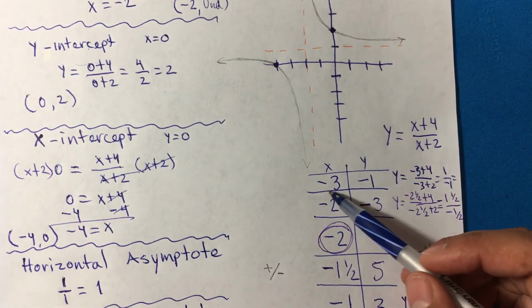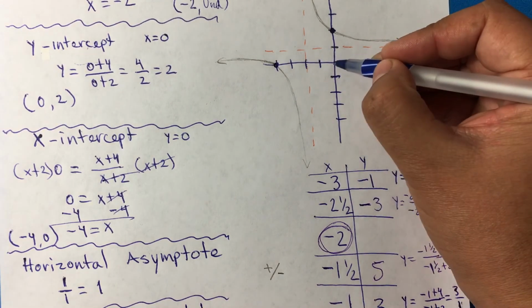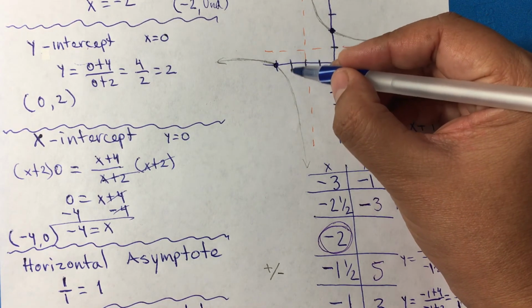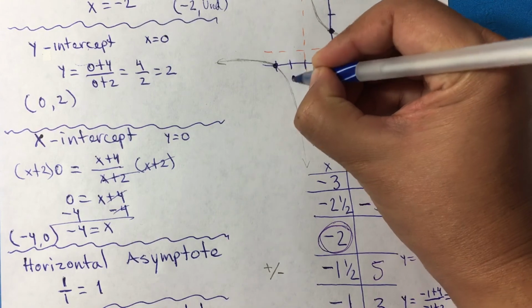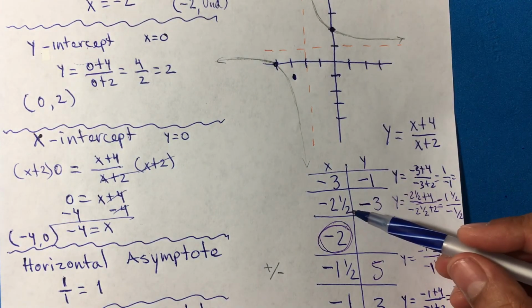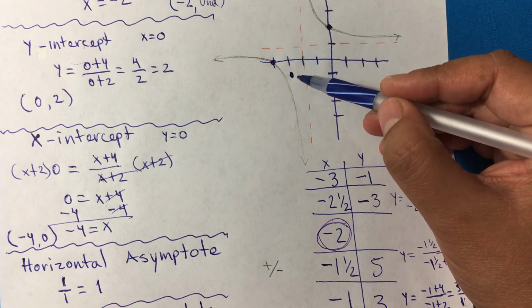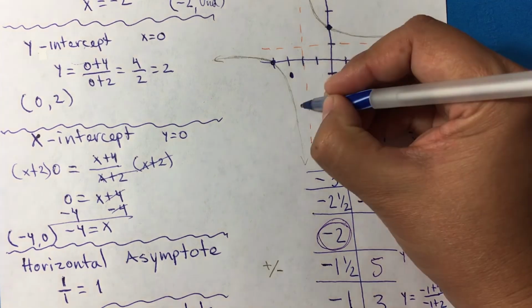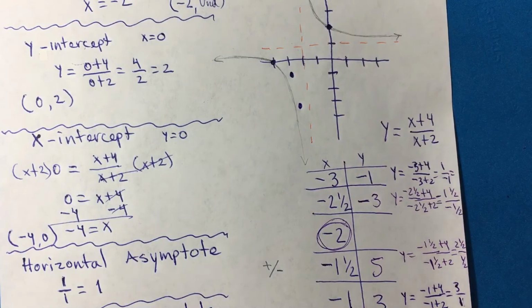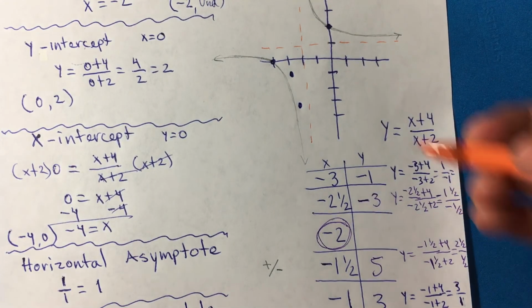The first one is -3, -1. -3, -1 was right there. -2.5, -3: 1, 2, 3, right here. And you can see that it's a little off.